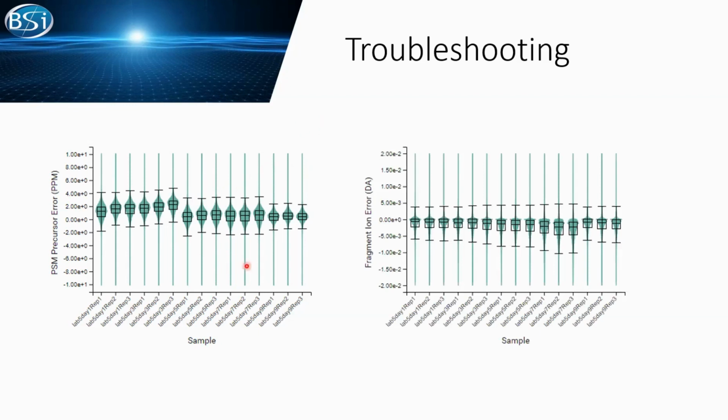But from the fragment error, we are seeing something interesting. In these runs, not only do we have a high error in our MS2, we are also seeing that the distribution is uneven.